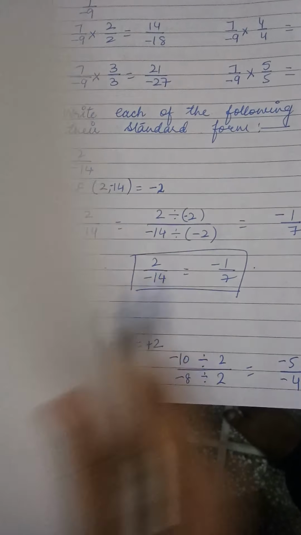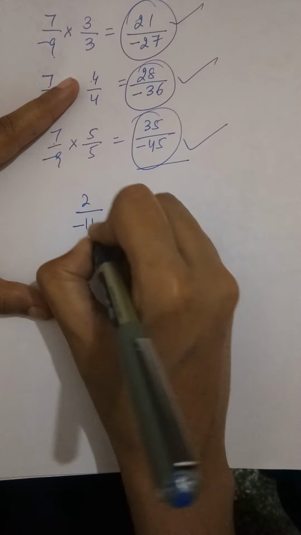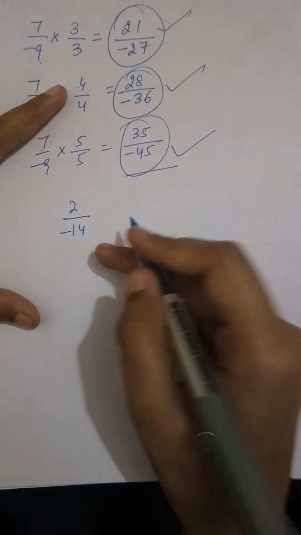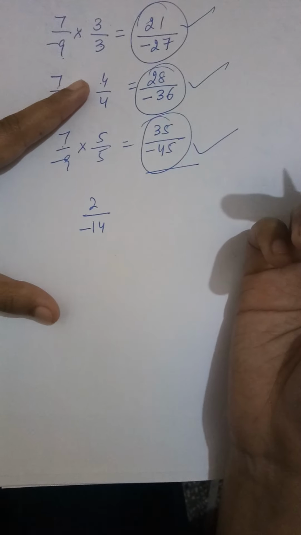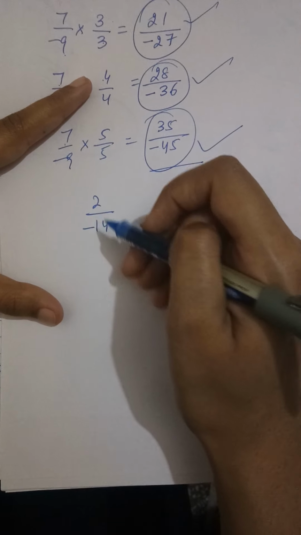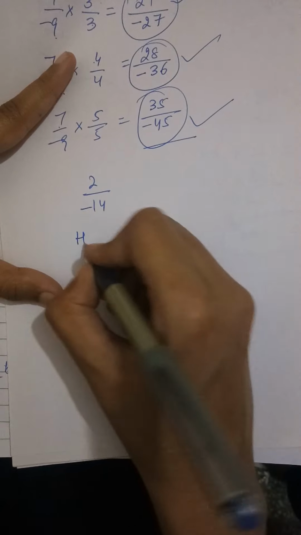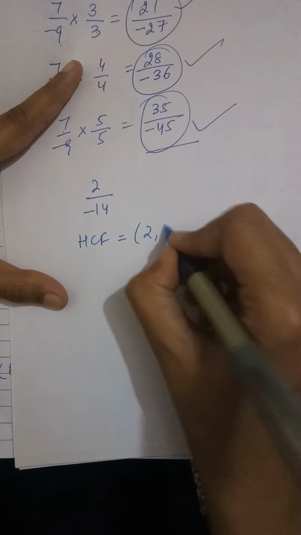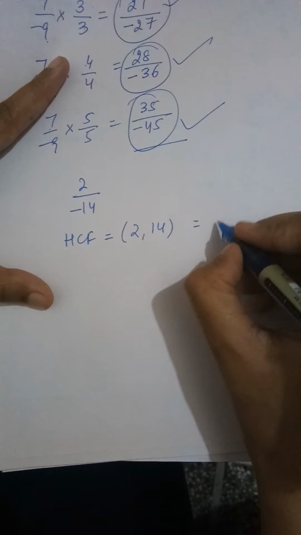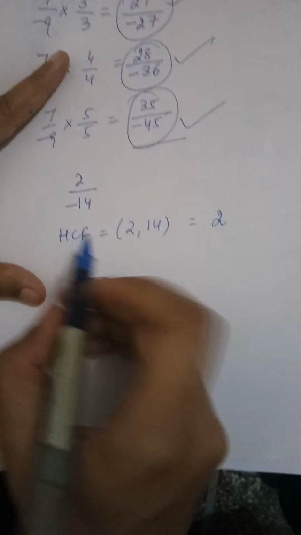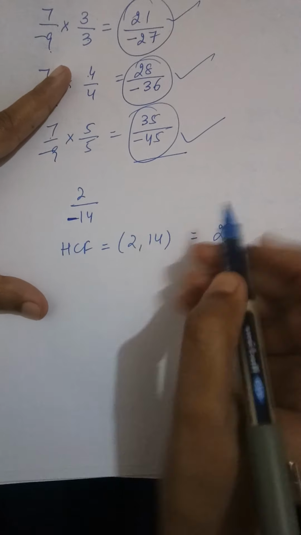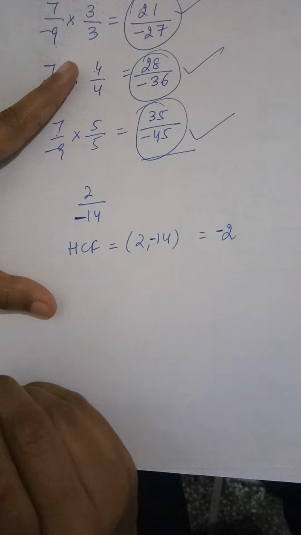Now what you are going to do here is, firstly find the HCF of 2 and 14. HCF means the highest common factor. You have to check which is the highest common factor of 2 and 14. Both have the common factor 2. So the HCF is going to be 2. But since in the denominator we have a negative sign, we are going to take negative.